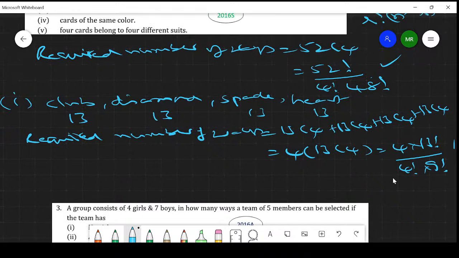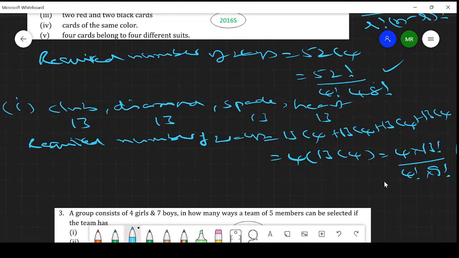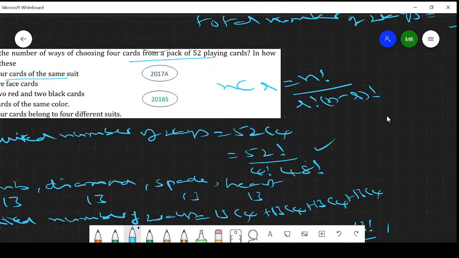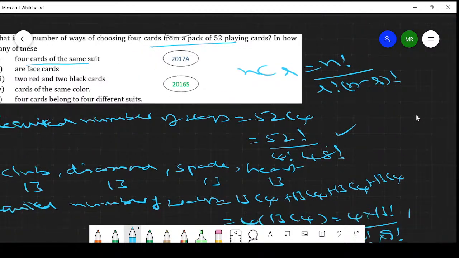Okay, anyhow, I will do that. The second question, you can see what they are asking here. They are asking about the face cards, right? When they are asking face cards, you can think about it, there are 12 face cards, always remember.